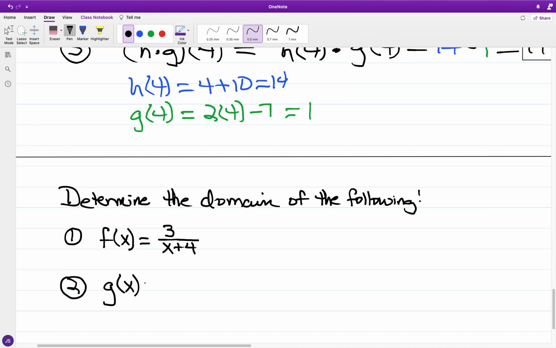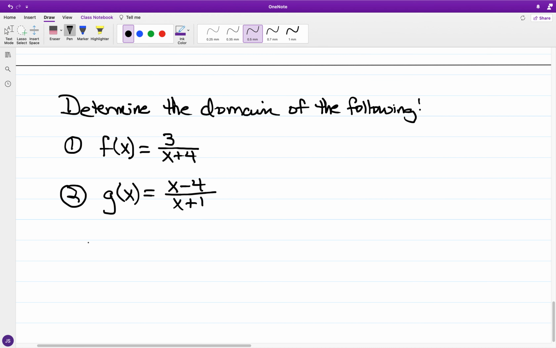And we have g of x, which we'll say is equal to x minus 4 over x plus 1. And then we have the sum, difference, and product functions as well as the quotient functions.